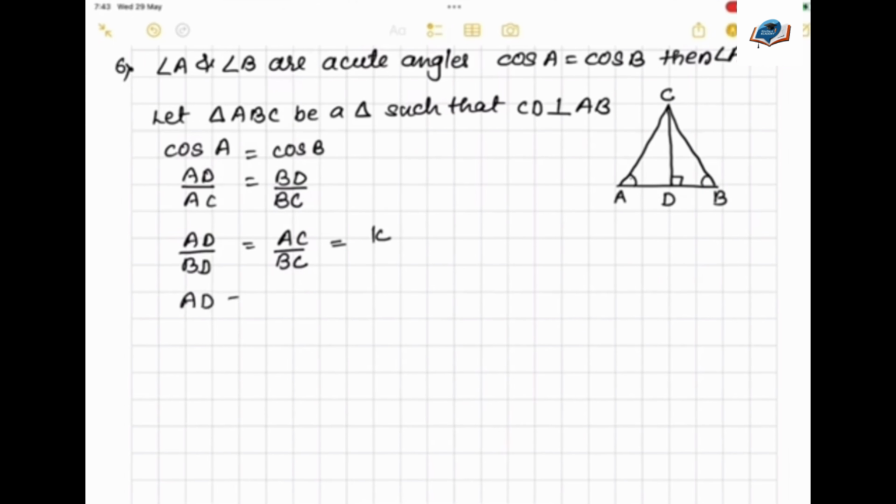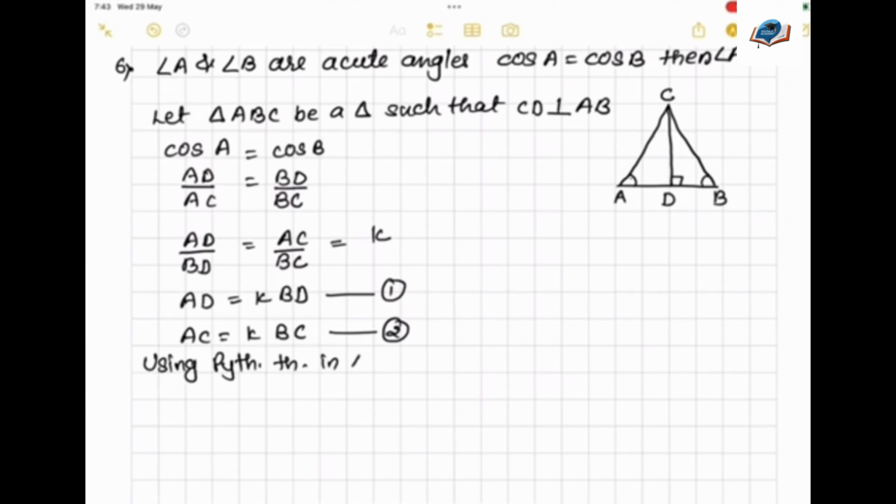Let this be K, that is constant. Now AD equals KBD, so that is 1, and AC equals KBC, so that is 2.